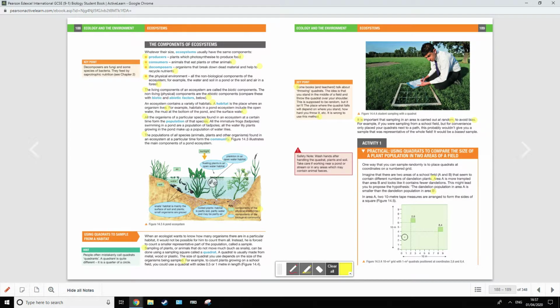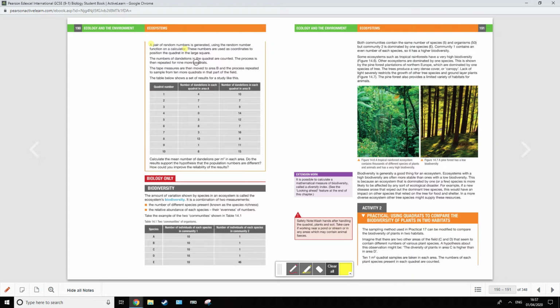Here the coordinate is 2 to 6, which will be the second meter of the horizontal plane and the sixth point of the vertical plane, which will give you this cell right here. And this number 2 and 6 is randomly generated using a calculator or a software.